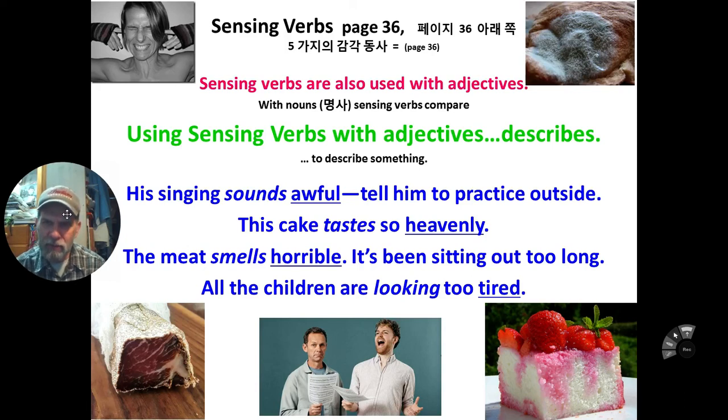Describes something. His singing sounds awful. Awful, 형용사입니다. Sounds, the sensing verb. He's talking about, oh, my dad, he can't sing. Yuck, it sounds awful. I'll tell him to go practice outside.